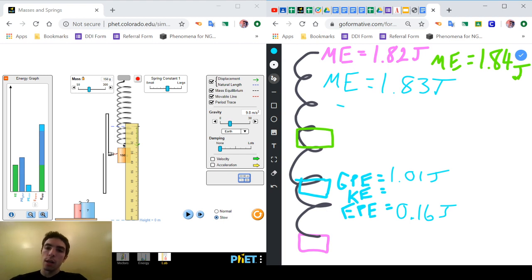And so that has to be equal to our sum of all of those other energies, right? So I take our 1.01 joule gravitational potential plus whatever our kinetic energy is, plus what we know our elastic potential energy is, and that should get us to this 1.83.